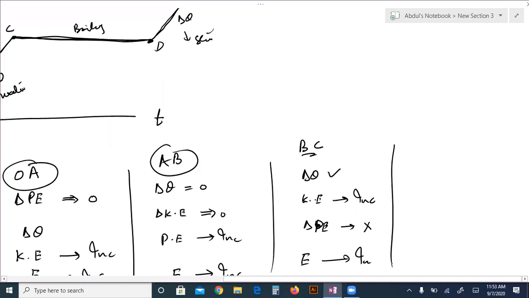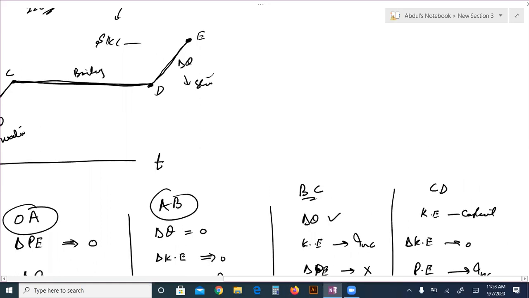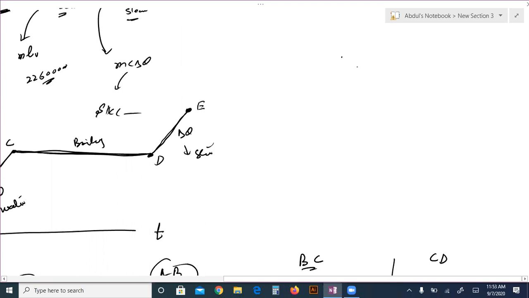Again, C to D, temperature is constant. So kinetic energy is constant, meaning the change in kinetic energy is 0. State is changing. So the potential energy is increasing. So internal energy increasing. And now come to the last one, which is DE.